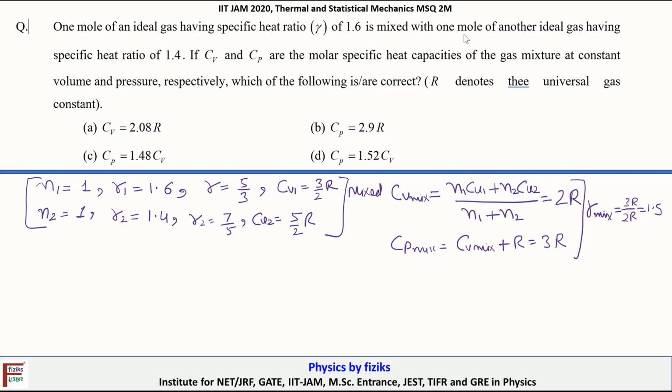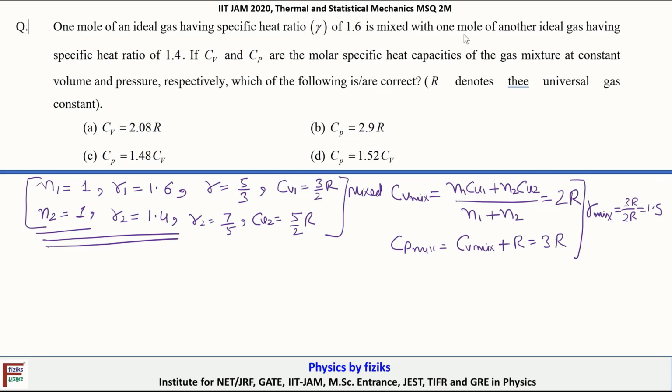Now let's take a look at the second method, which is a little more precise as compared to this one. Here this information will remain as it is, but for calculating the value of gamma, we will use the other method.